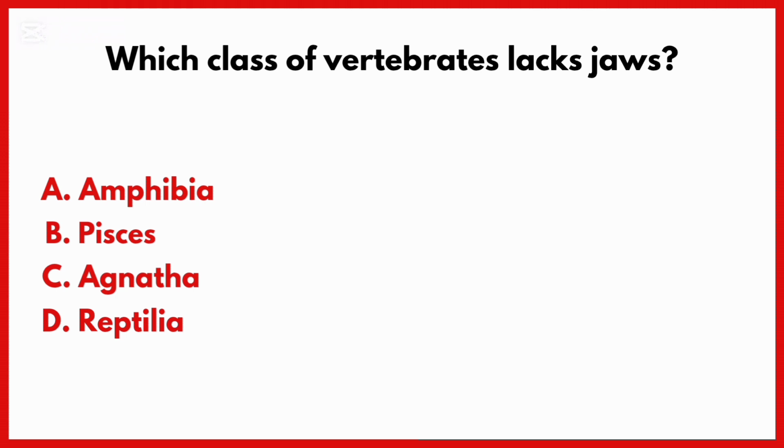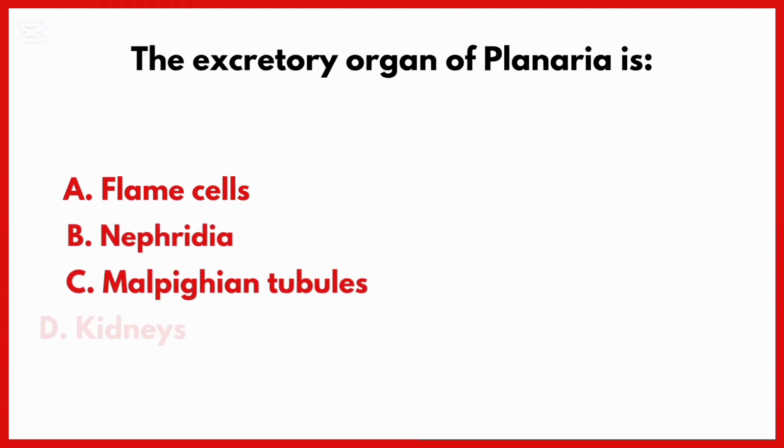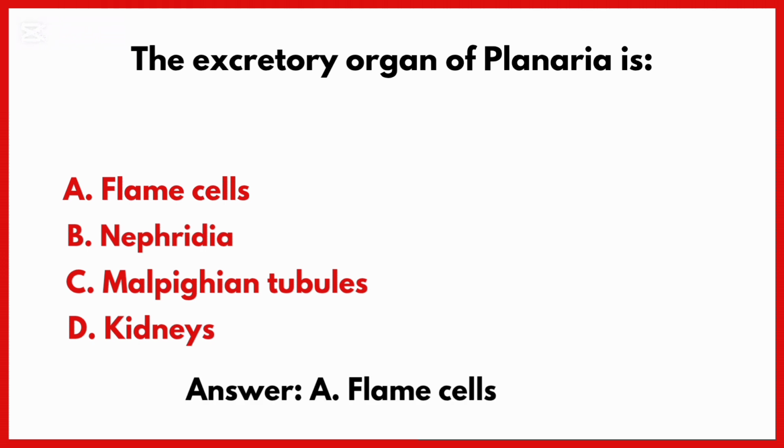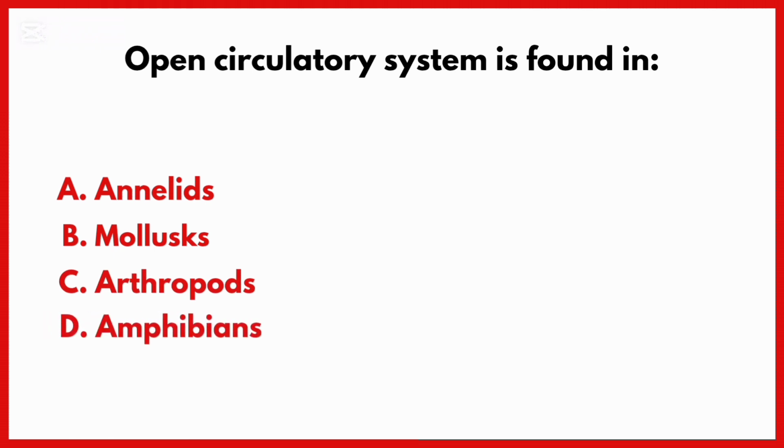Correct answer is option C. The excretory organ of planaria is. Correct answer is option A, flame cells. Open circulatory system is found in. Correct answer is option C, arthropods.